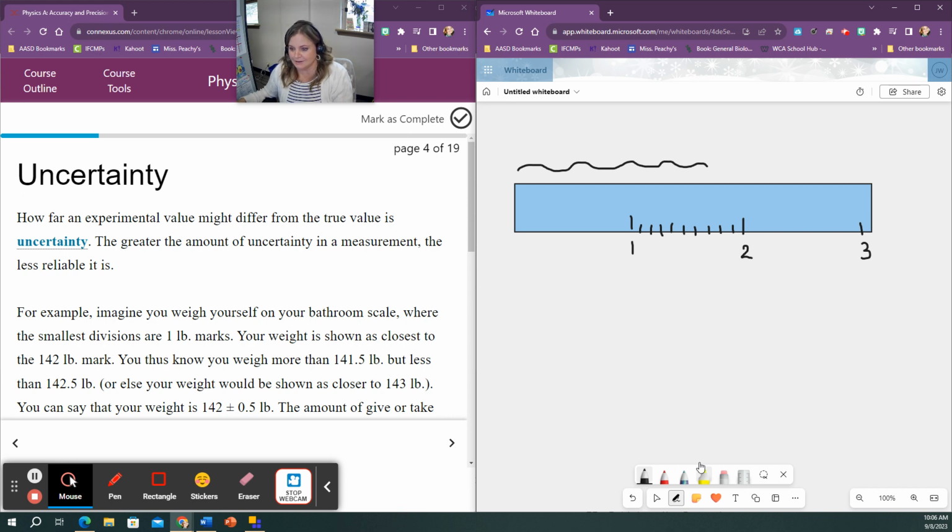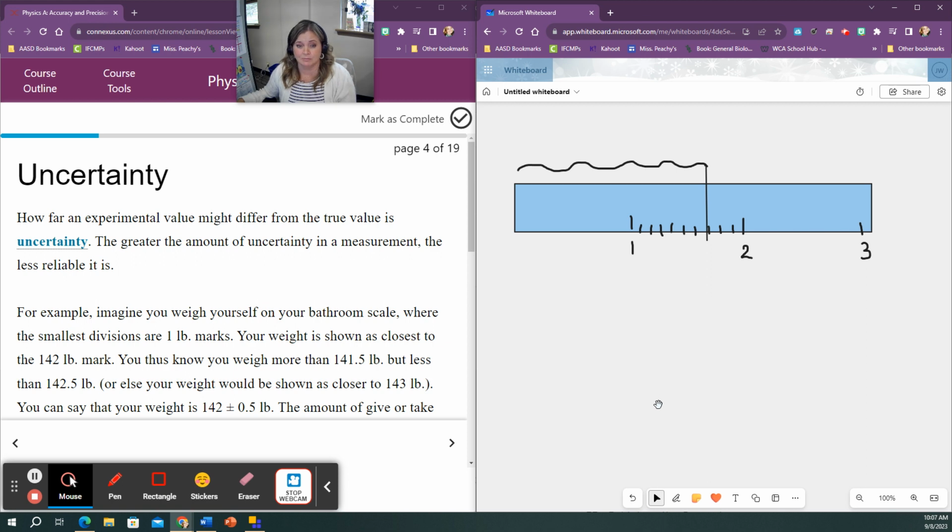I can draw a straight line down from the end of this all the way down, and I can say, hey, this is 1.1, 1.2, 1.3, 1.4, 1.5, 1.6. It's greater than 1.6, almost 1.7 centimeters.